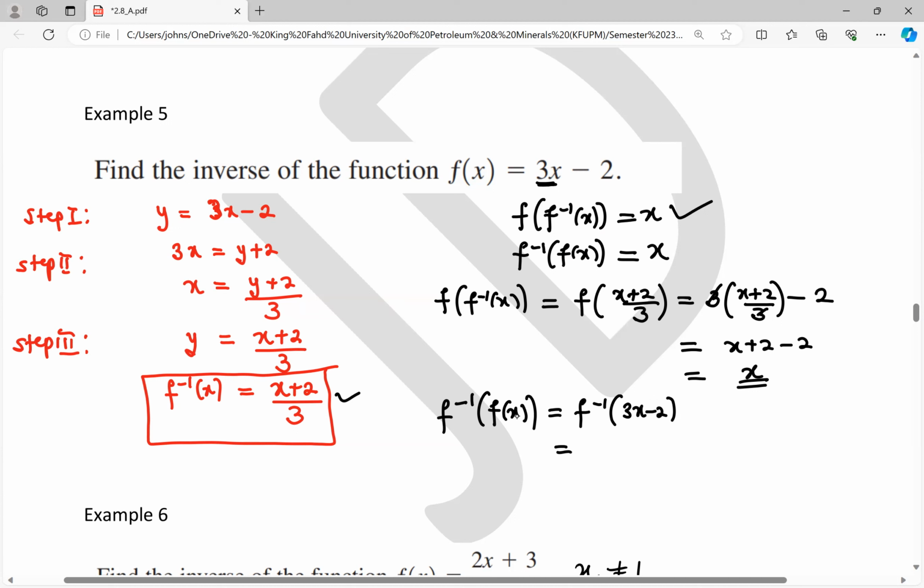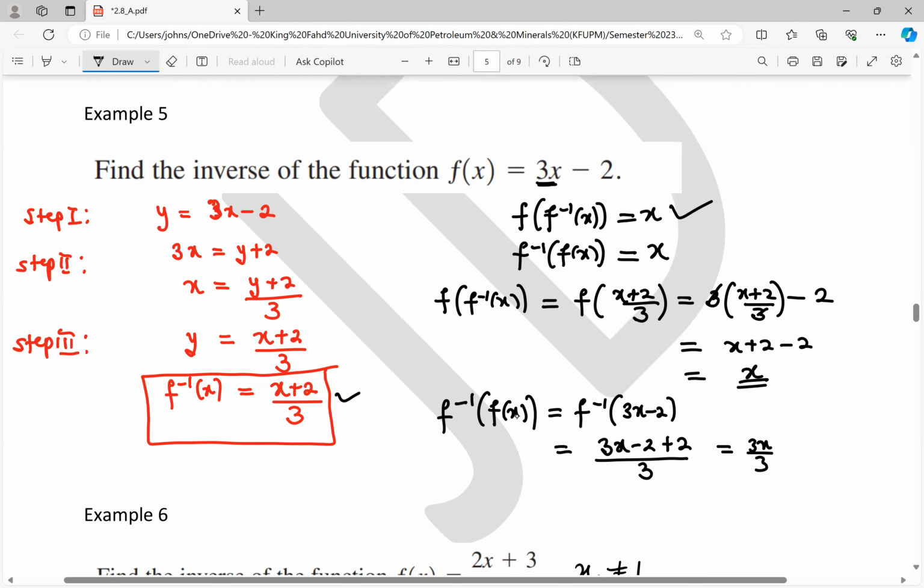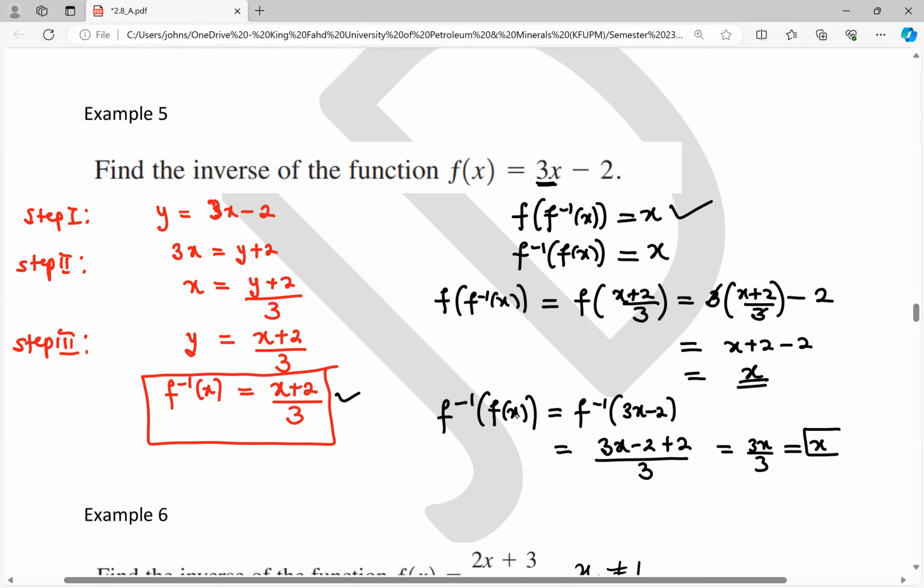So this is going to be 3x minus 2 plus 2 divided by 3. So this is nothing but 3x divided by 3, which is equal to x. So in both cases, this cancellation property holds. So this is just to check. So it means that indeed this f inverse is correct, it is the inverse of f.